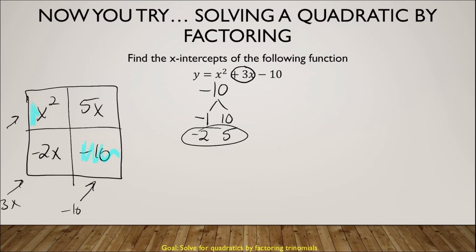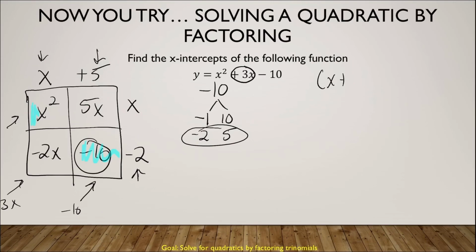Now when I take that left column, I can take an x out. The right column, let's take just a positive 5 out. Now when I'm looking for this left corner, I already have this x. I need one more x there. And then 5 times x gives me 5x. We're solid there. And then down to the bottom left, x times what gives me a negative 2x? I just need a negative 2. And then 5 times negative 2 gives me negative 10, so we're solid.